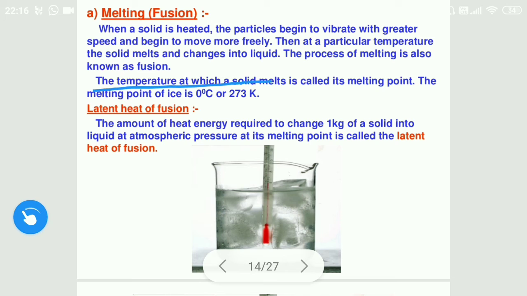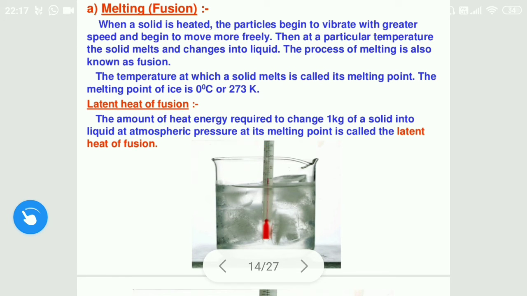The temperature at which a solid melts, or a solid converts to liquid, is known as the melting point. The melting point of ice is 0 degrees Celsius or 273 Kelvin. Next is latent heat of fusion, that is the amount of heat energy required to change 1 kg of solid into liquid at atmospheric pressure and at its melting point.